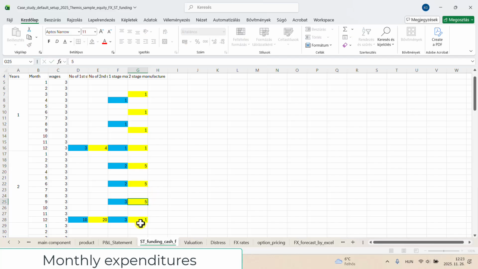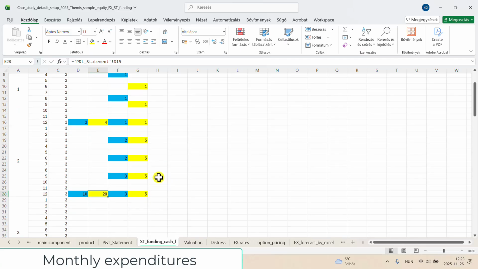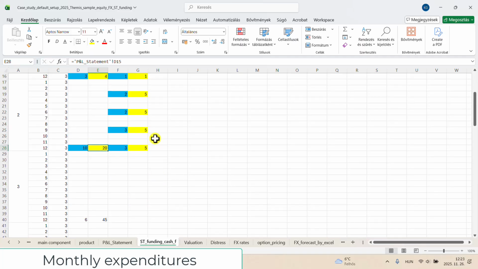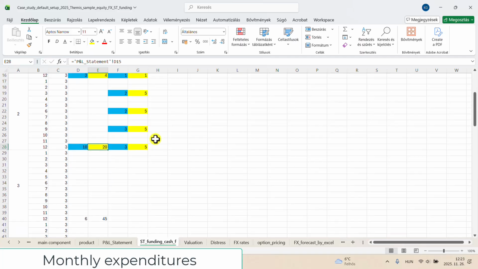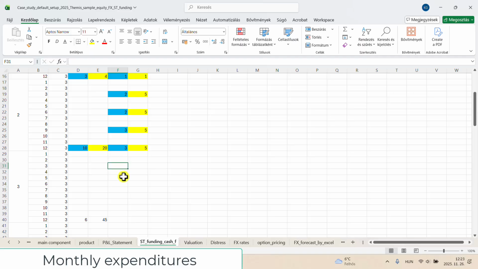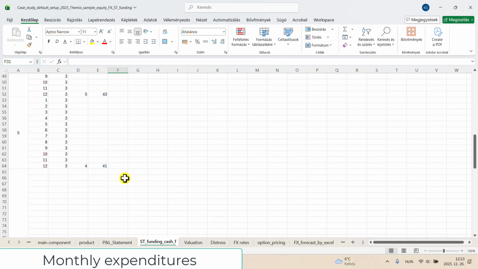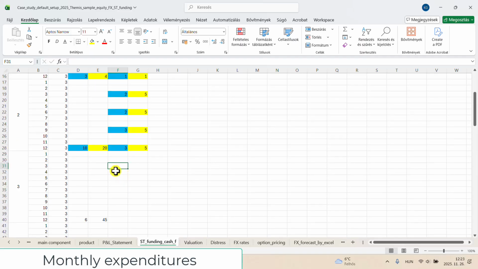So 5, 5, 5, 5 should be manufactured, and after that it gives us the 20. And then it doesn't matter, because now the demand for the first stage will decline dramatically.